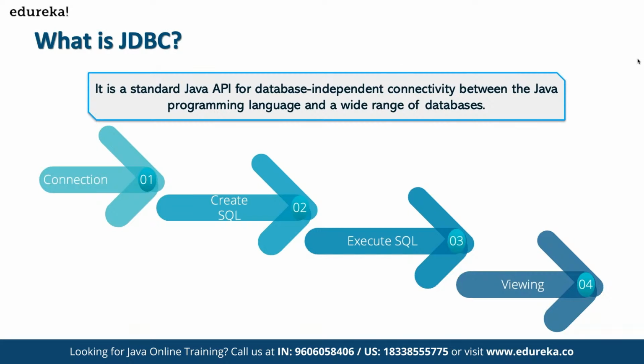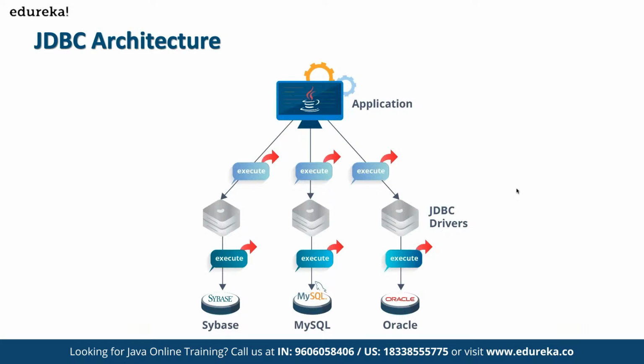The JDBC API provides the application to JDBC manager connection, and the JDBC driver API supports the JDBC manager to driver connection. This is basically the architecture that we follow. It uses the driver manager and database-specific drivers. For example, if we are using MySQL, then we are going to need the MySQL driver.